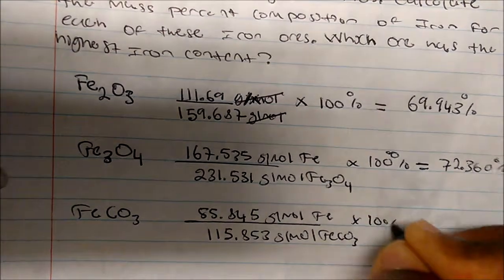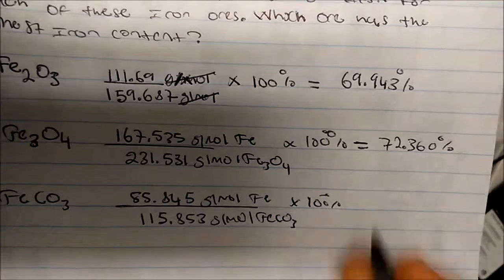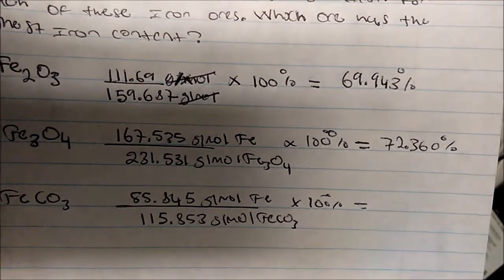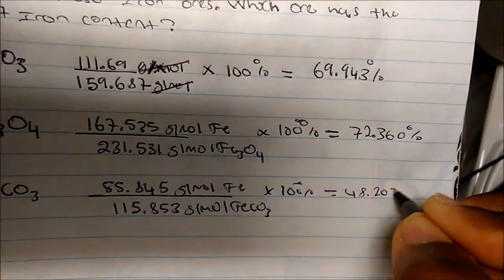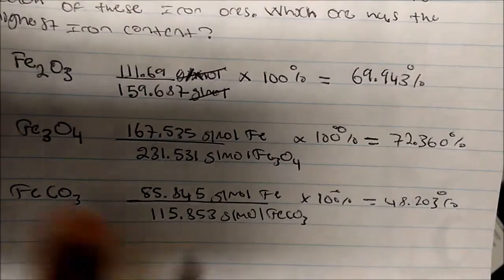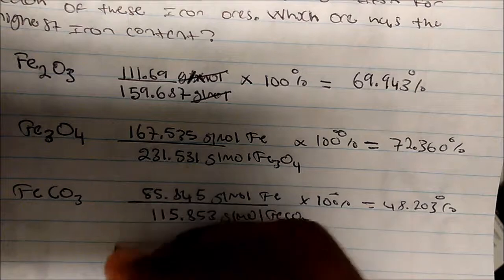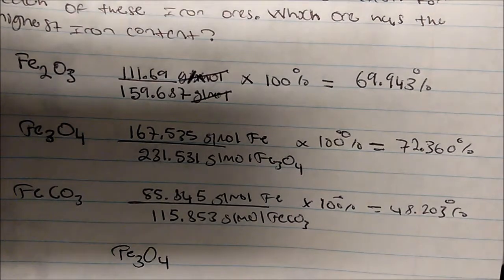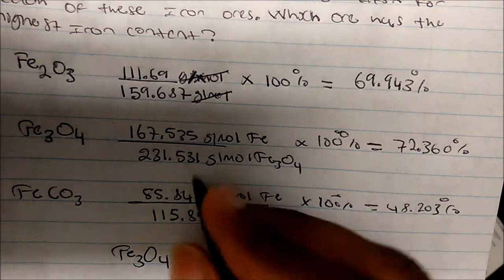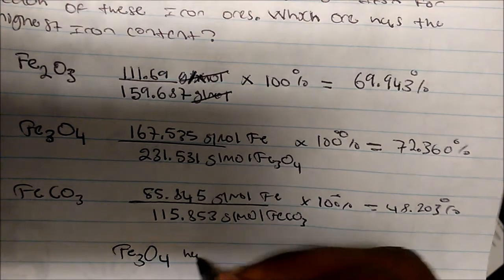Multiply this by 100%, and I will get approximately 48.23%. So you can definitely see that magnetite actually has the highest iron content.